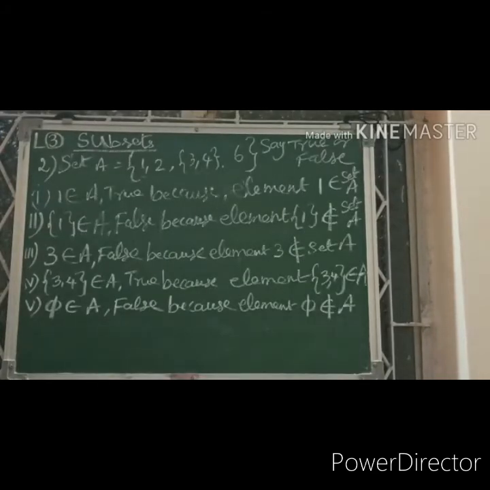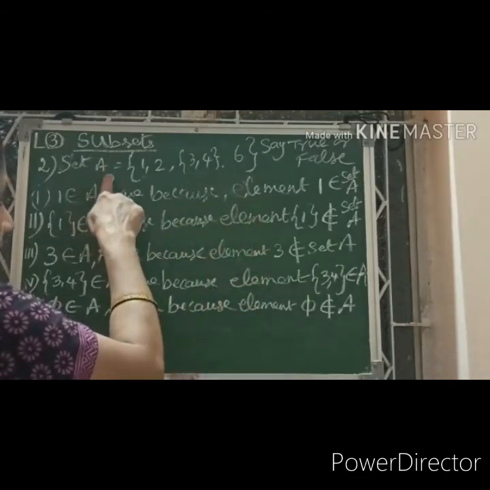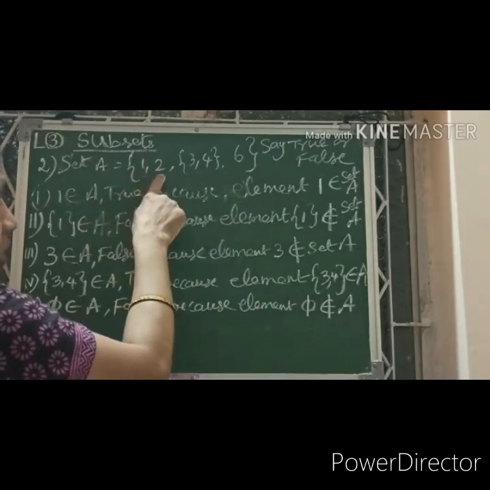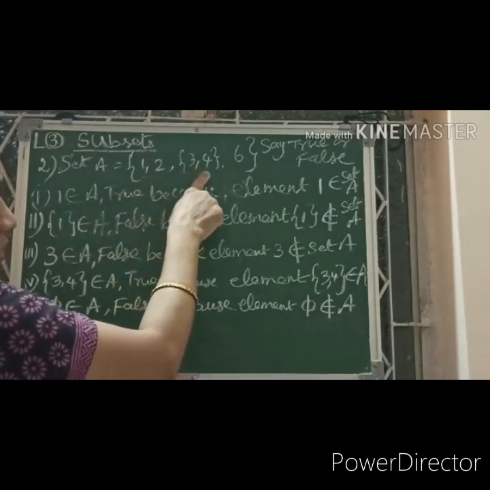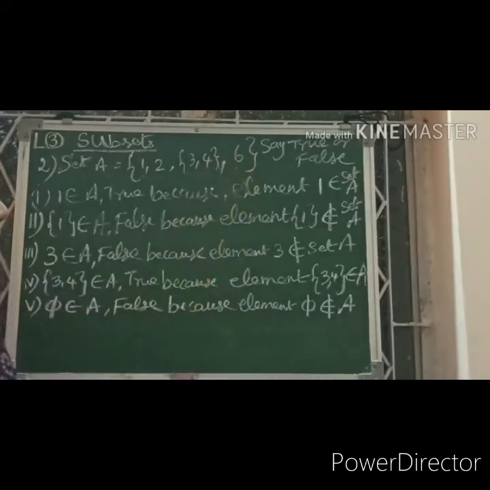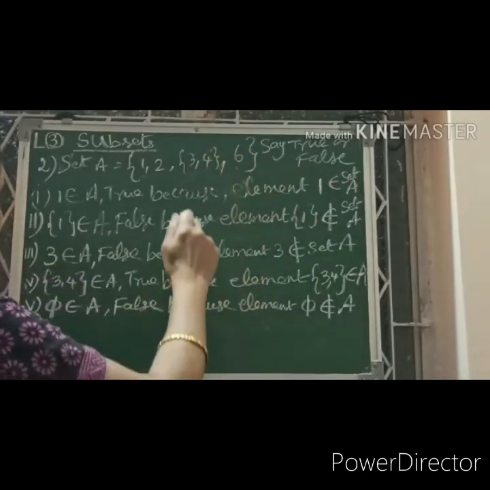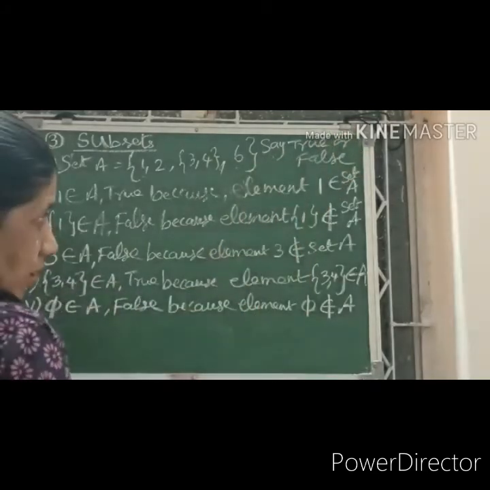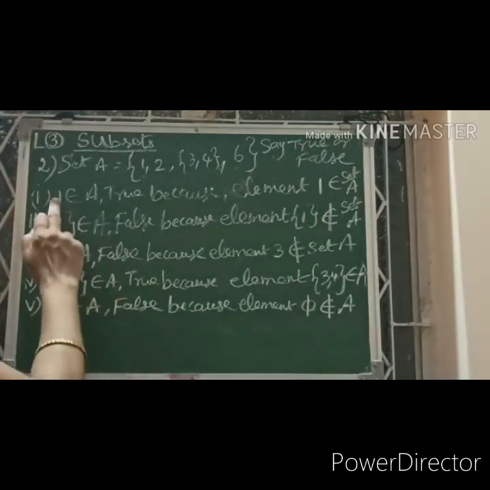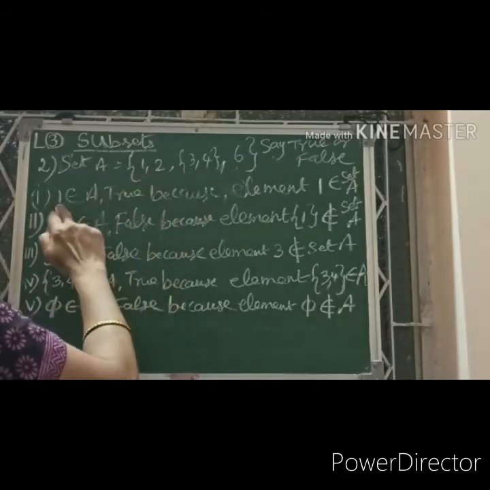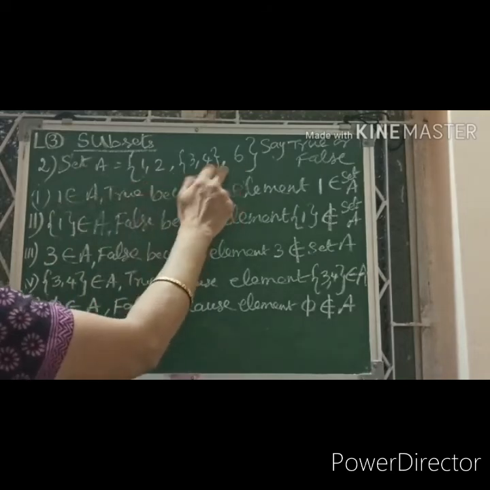Now the second question. Set A is equal to {1, 2, 3, 4, {3, 4}, 6}. You have to identify. I am writing 5-6 parts. Say true or false. 1 belongs to A. Check whether number 1 is in set A or not.